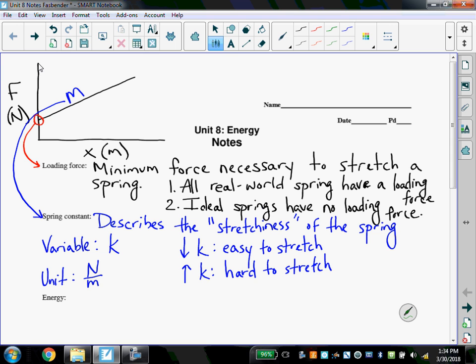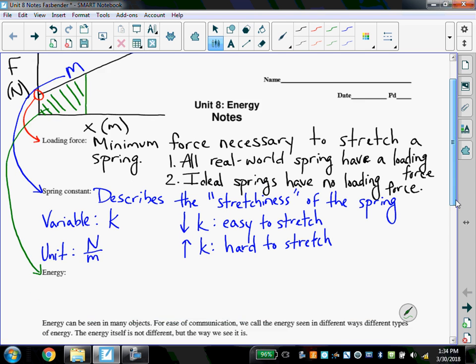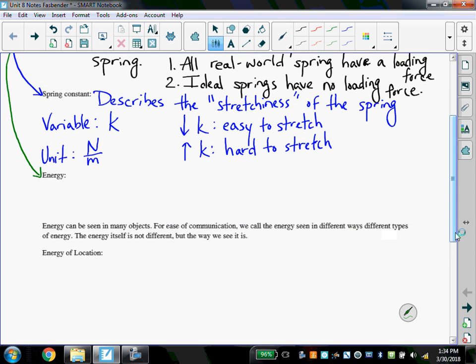The last piece that we looked at is the area of this graph, and remember, the area means going from your line to the x-axis. The area of a force versus stretch graph tells us about the energy stored in the spring. So what is energy?